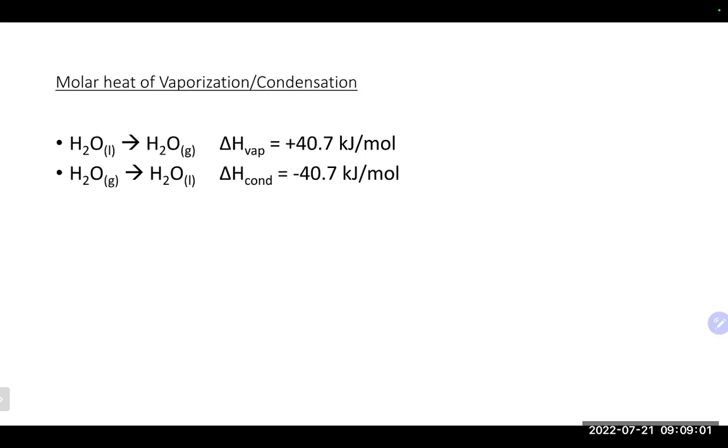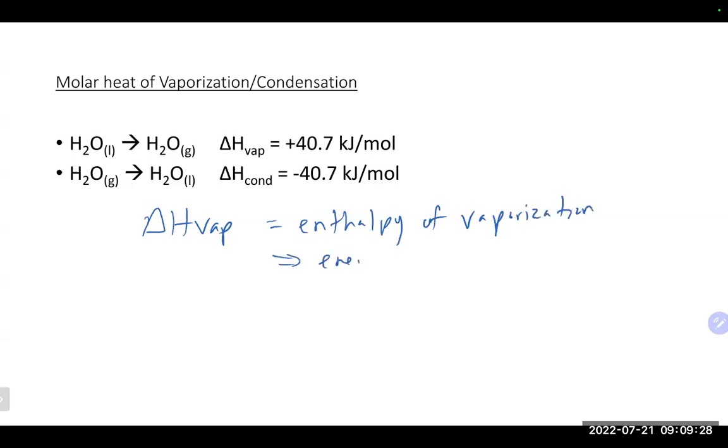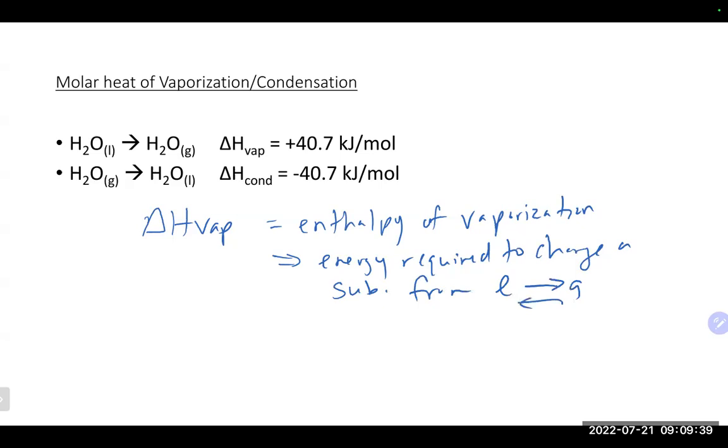So there is a specific amount of energy, although we don't talk a lot about energy in here, that's required to do nothing more than just change the phase of something. The delta H of vaporization, which is the enthalpy of vaporization, is basically nothing more than the energy required to change a substance from liquid to gas or gas to liquid.